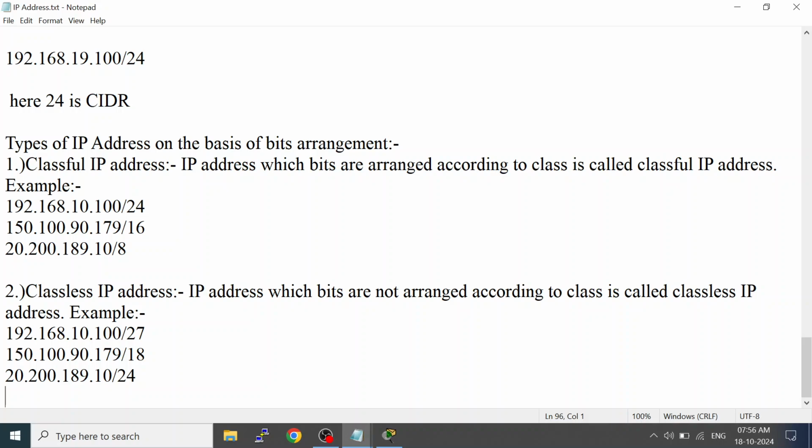If the IP address bits are arranged as per the class it belongs to, like here, this is class C. So class C, 3 blocks means 24-bit network, classful IP. Class B, 2 blocks network, 16 bits, classful IP. But if bits are not arranged as per the class, that is a classless IP. In which class do we have a 27-bit network? No class. So that is classless. And when does it happen? When we do the subnetting.